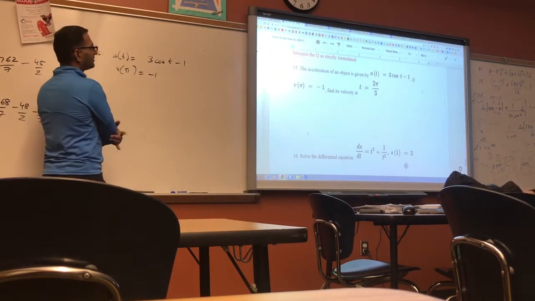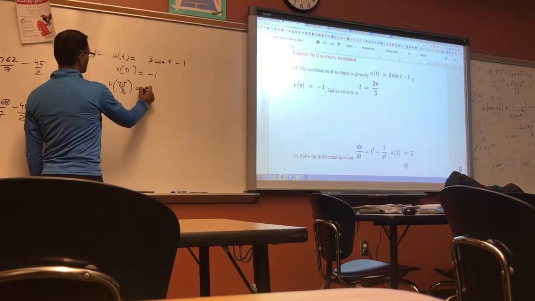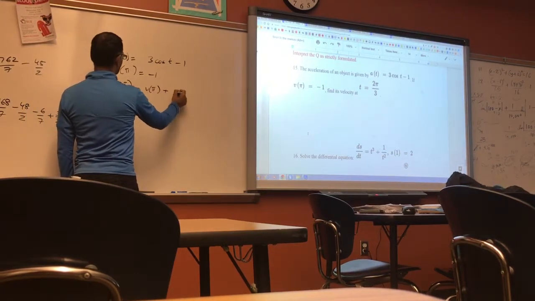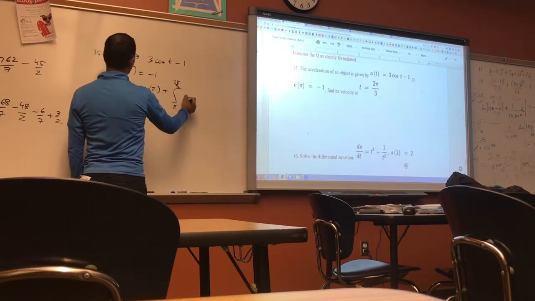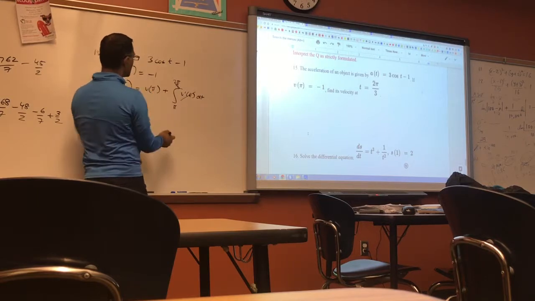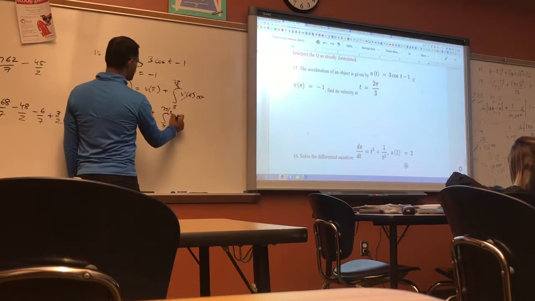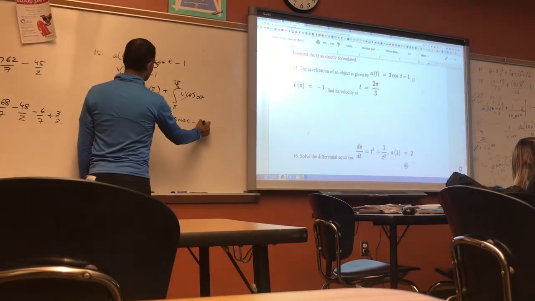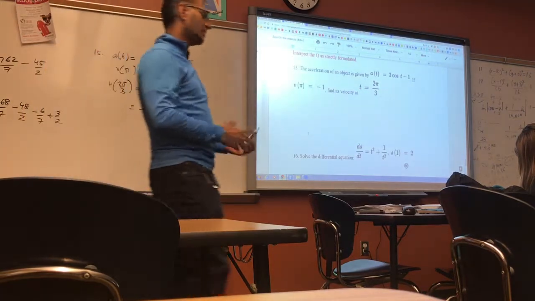So what is the question asking for? v of 2 pi over 3 equals v of pi plus the integral from pi to 2 pi over 3 of v dash of t. But what is v dash really? It's a of t, so you plug it in. So it's v of pi, which is -1, plus integral pi to 2 pi over 3 of 3 cos t minus 1 dt. That's very easy. Just be slow and steady, careful, keep your arithmetic right. Wait, I'm just showing you how to set it up.